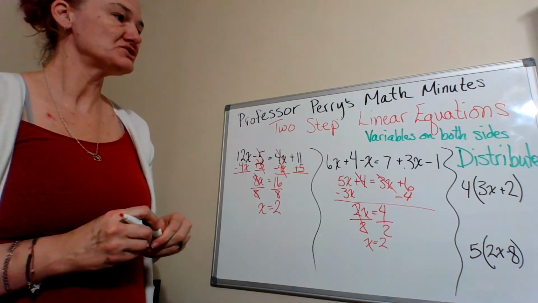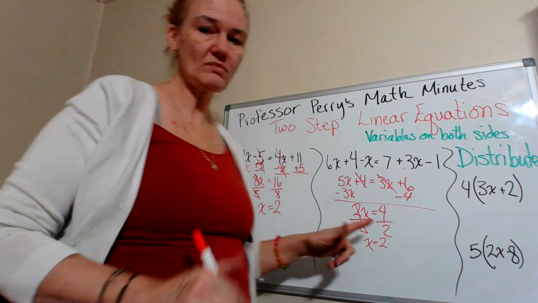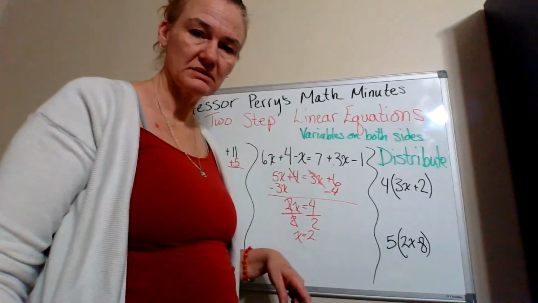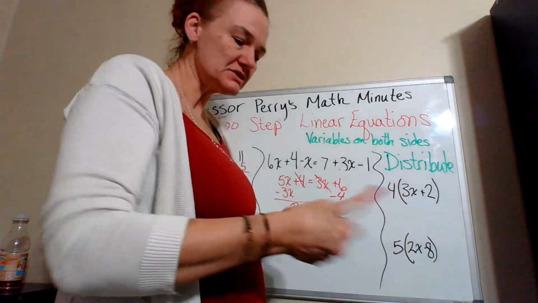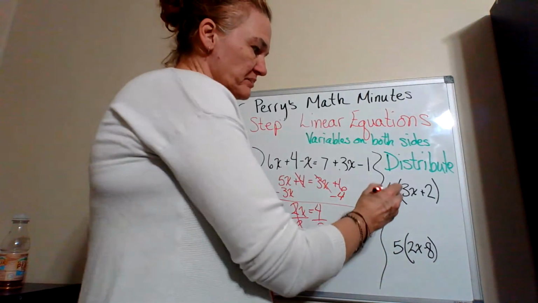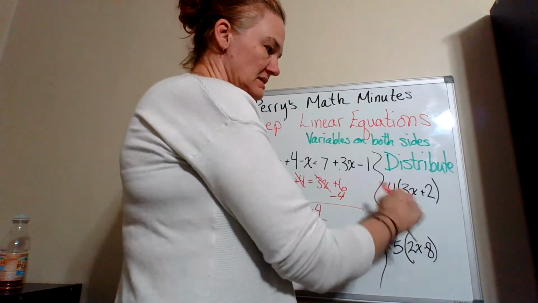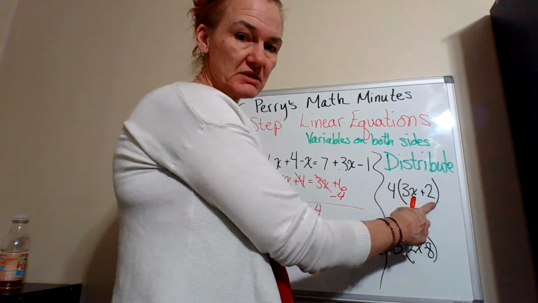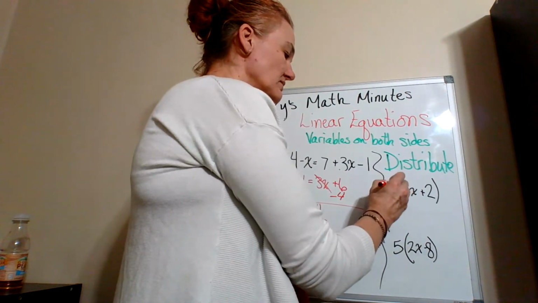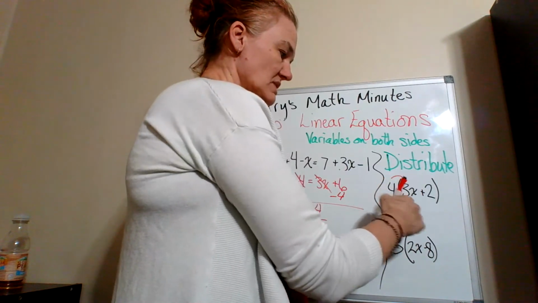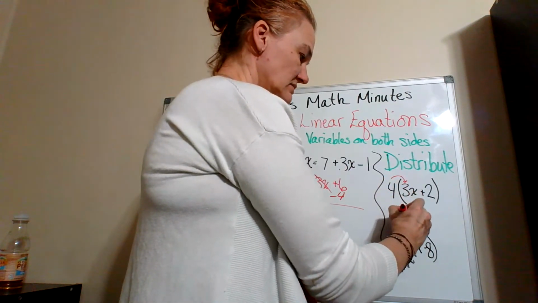Now, distribute. Distribute, it's kind of like distributing cards. This is 4, and this means times 3x plus 2. So what you need to do is you're going to go 4 times 3 is 12.